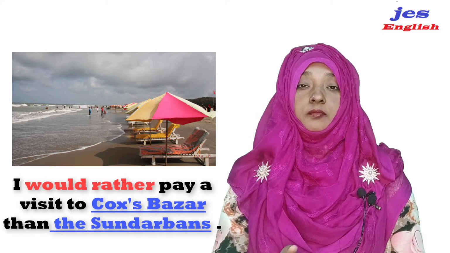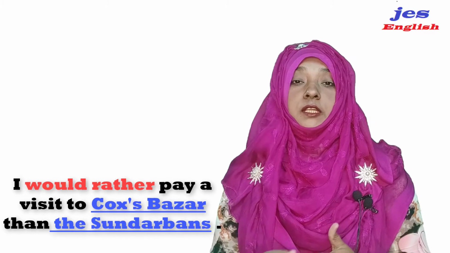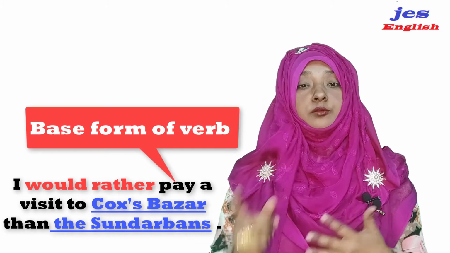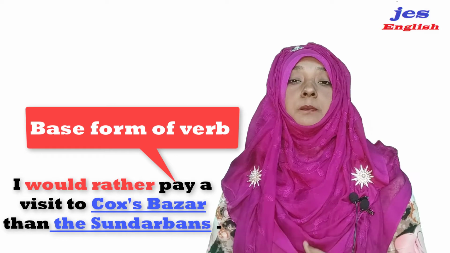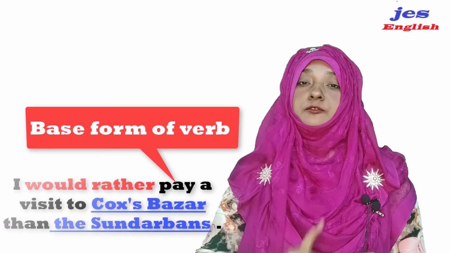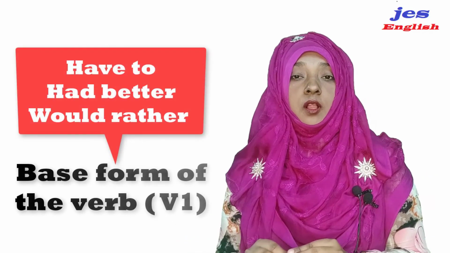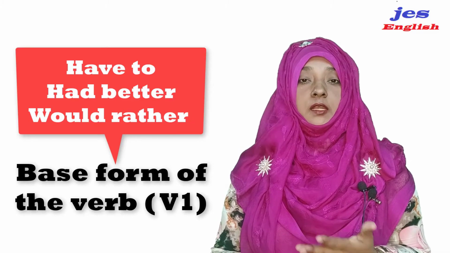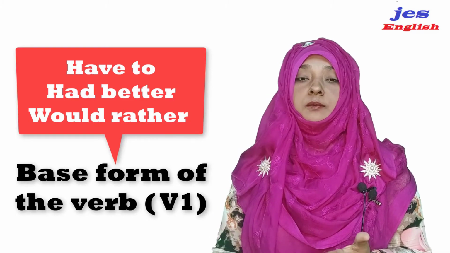Here, after would rather, you will get the base form of the verb. For all these rules, you have to remember that after have to, you will get the base form of the verb.